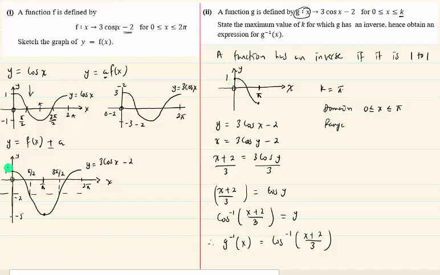You can have a look here in this original graph, and the minimum value is going to be negative 5. So the range is negative 5 is less than or equal to y, which is less than or equal to 1.